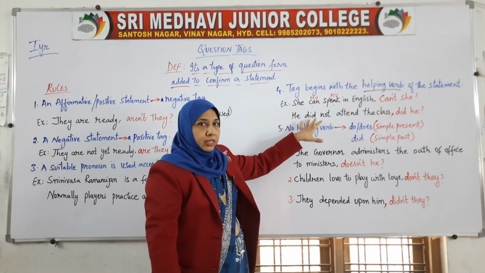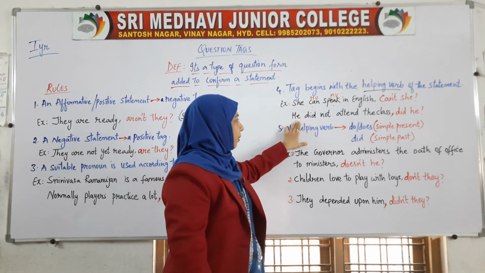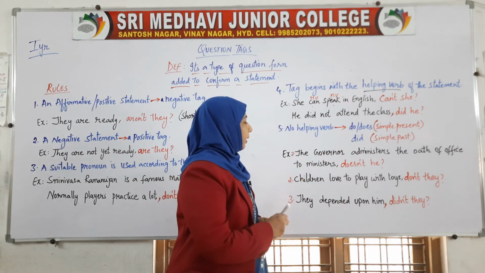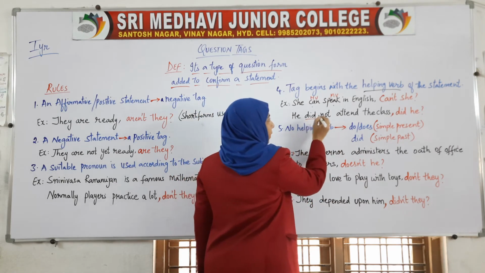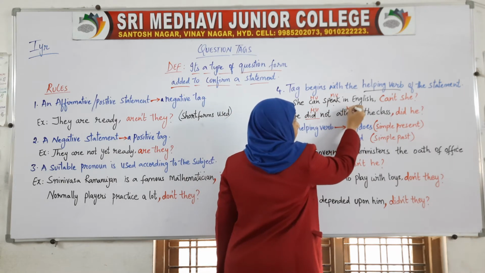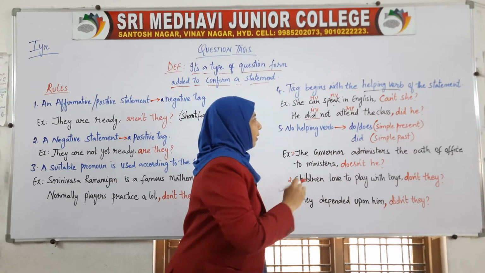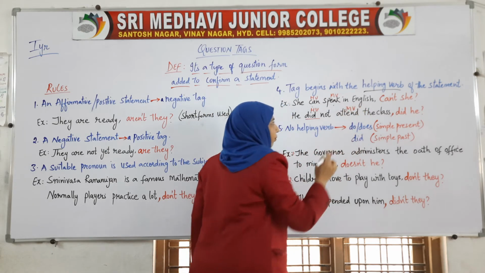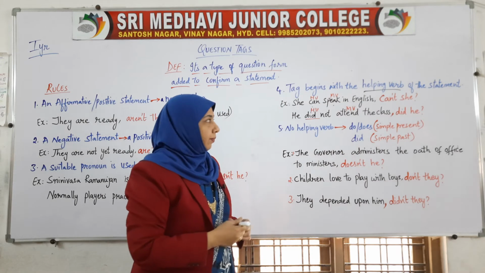Now we'll go for the next example. He did not attend the class. Here did is the helping verb and this is the main verb. So when you have the helping verb, it is very easy to frame the question tag.